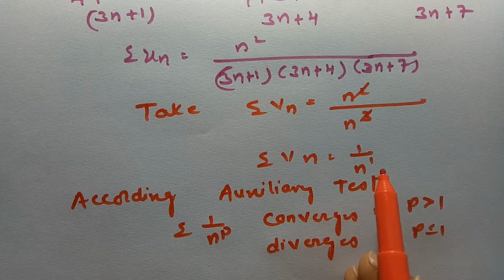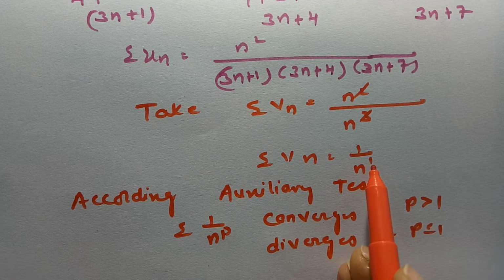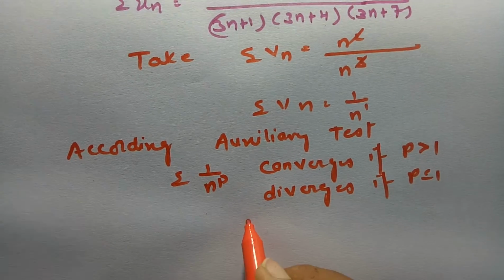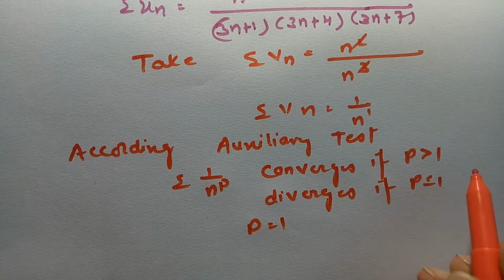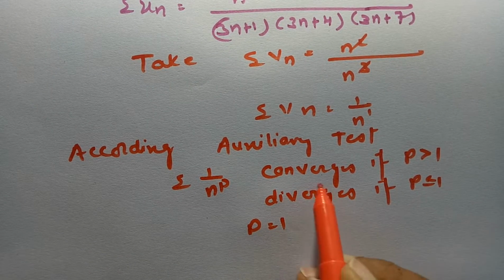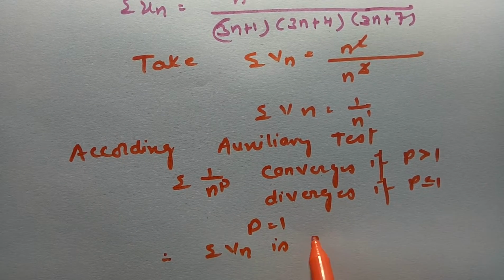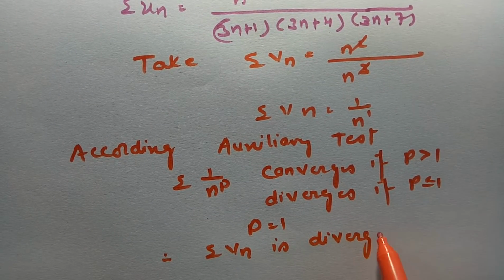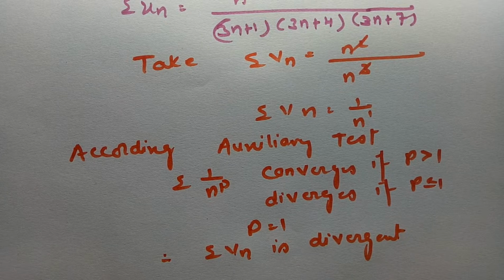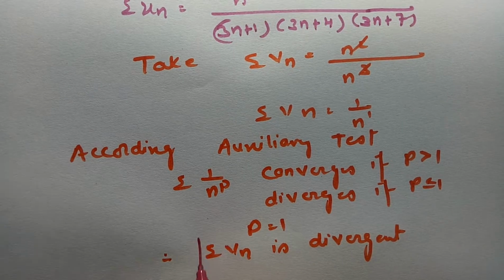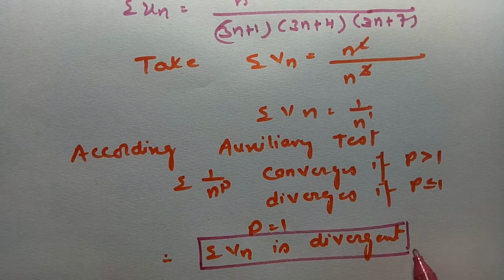Using this test, we have to compare. What is the p value here? The p value is equal to 1. If the p value is equal to 1 or less than 1, then it is divergent. Therefore, sigma vn is divergent. It is very clear that our sigma vn is divergent.